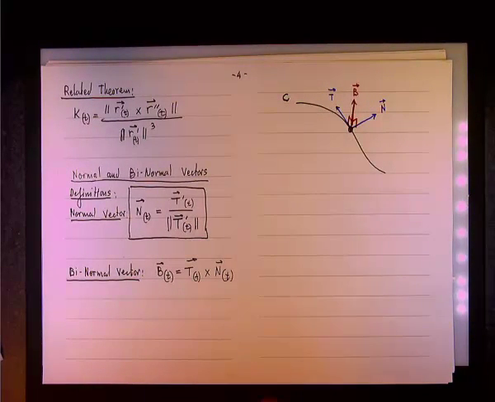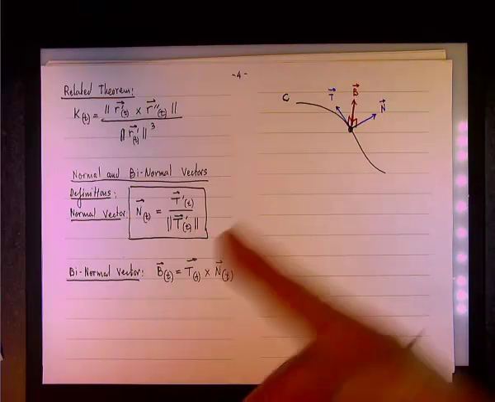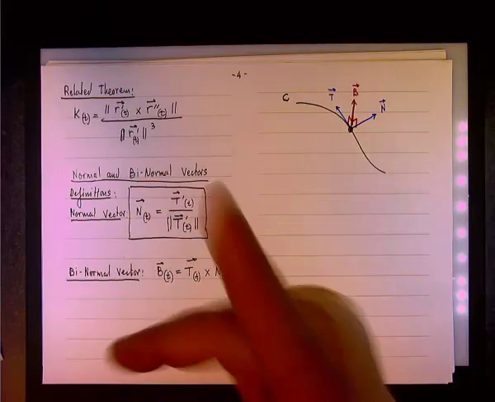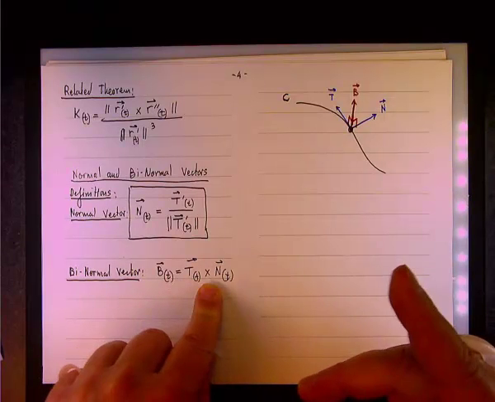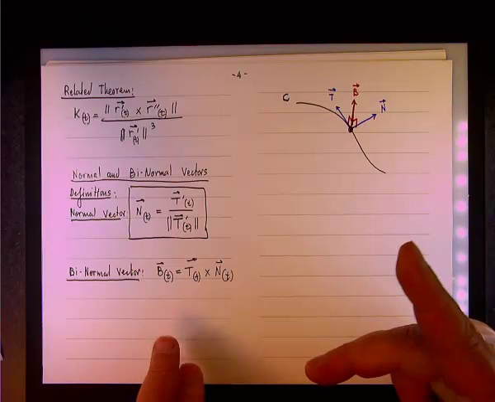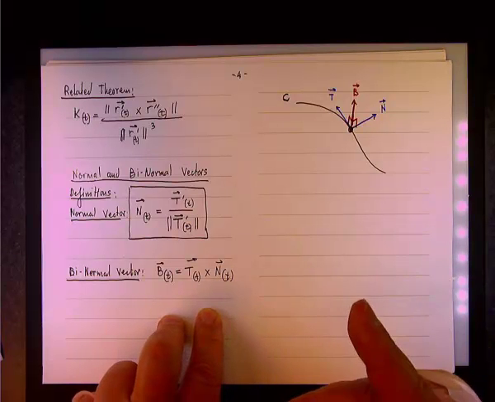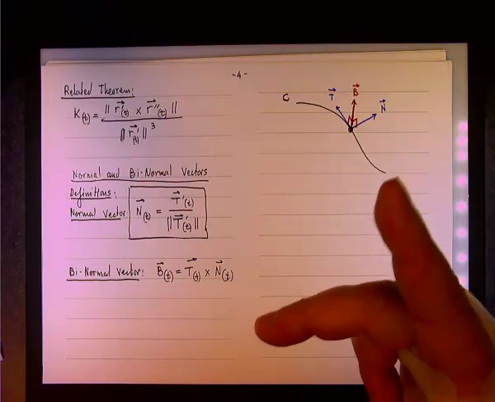So, I see you doing the hand thing. Be careful in the Middle East, don't try to do it, but if my thumb is T, look at the cross product. It's T cross N. And this is not commutative. T cross N is not the same as N cross T. N cross T will give you the opposite direction.